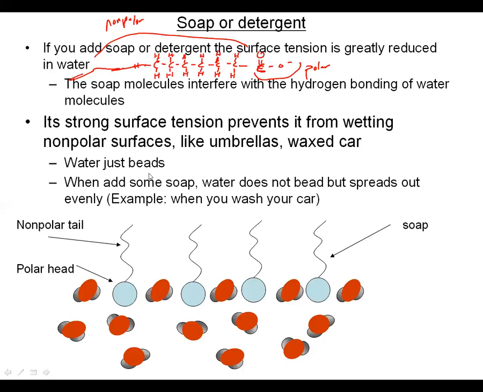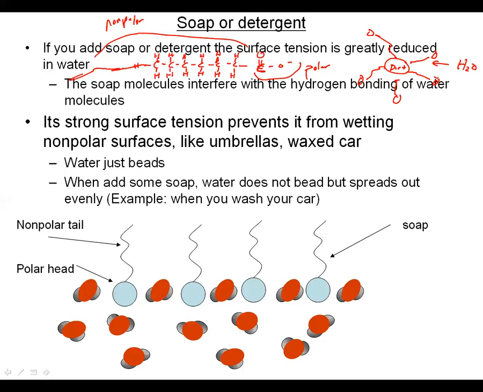So it traps the dirt, and you've got all this soap around it, but on the outside is the part that likes water. So when you wash with water, which is polar, it mixes with the outside part, and the dirt goes out with it.